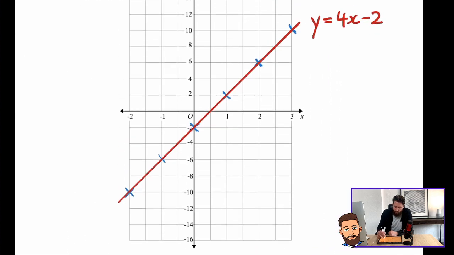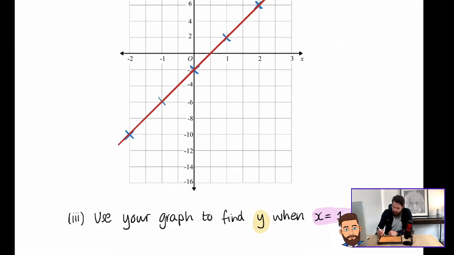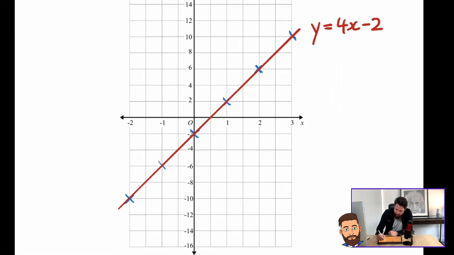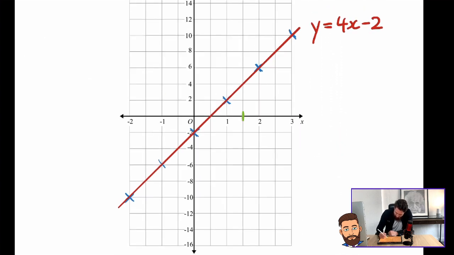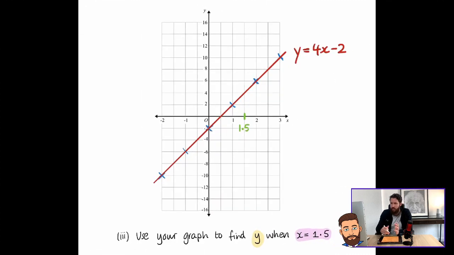We want to know the y value when x is 1.5. Where is 1.5 on the x-axis? Hopefully you can see that 1.5 on the x-axis is here. And I need to use my graph to find out what y is.